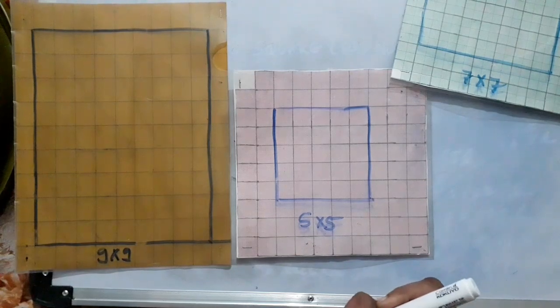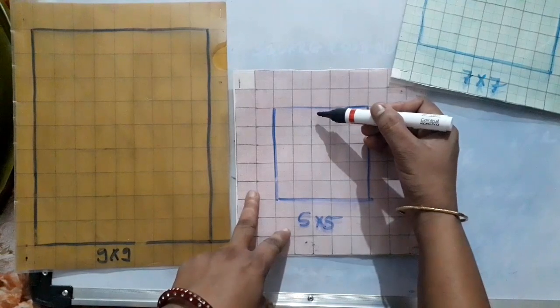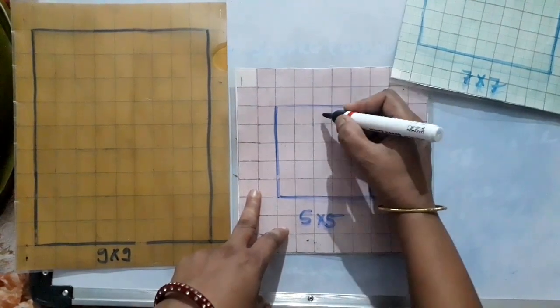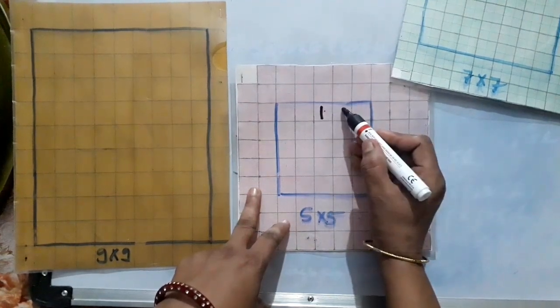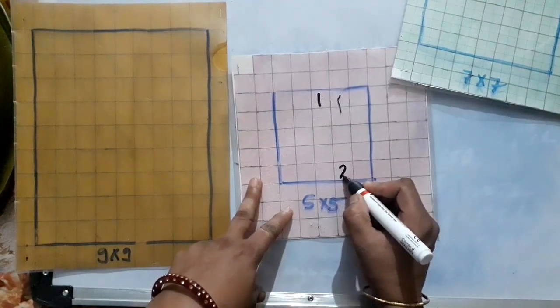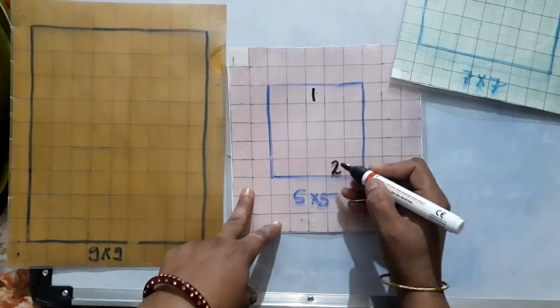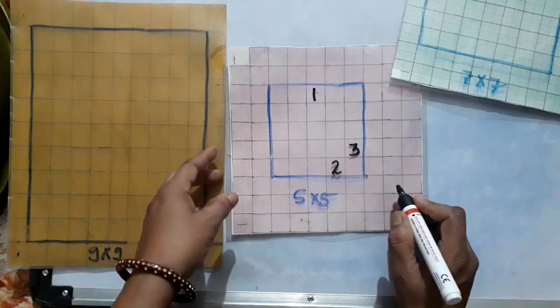So how to proceed? You have to start from the topmost row in the center square, that is, write 1 in the center. Now move 1 square to the right and come to the bottom line, write there 2. Then move diagonally to the right side, write 3. Okay, this many steps.